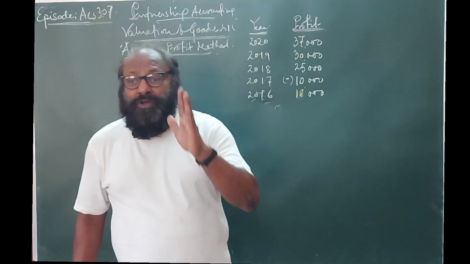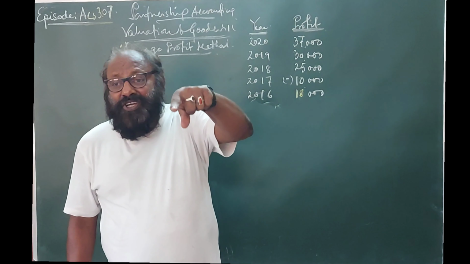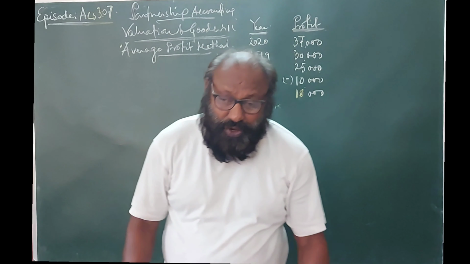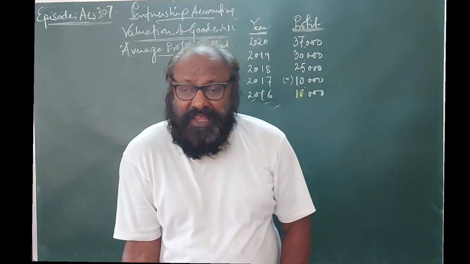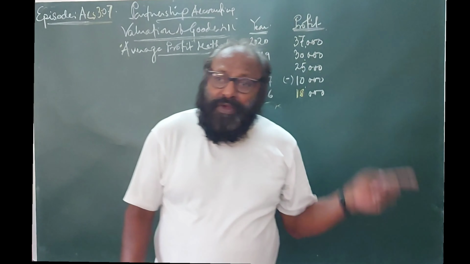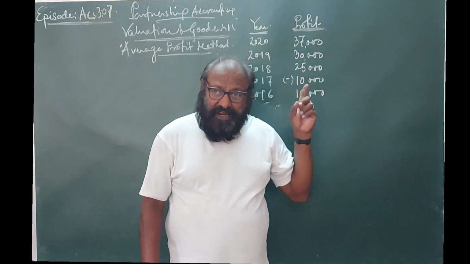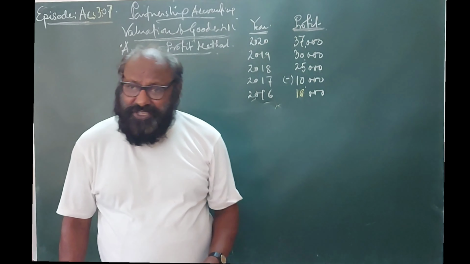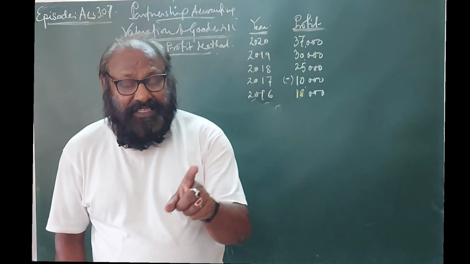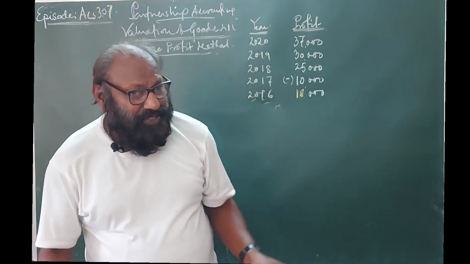Now as a result of admission, retirement, death or change in profit sharing ratio, what are the accounting treatments? In the accounting treatments which are to be affected, number 1, I have already told you in my class 302, is revaluation of assets and liabilities.